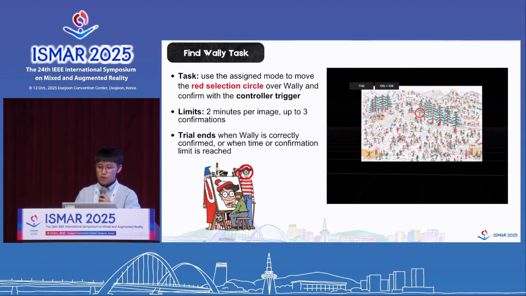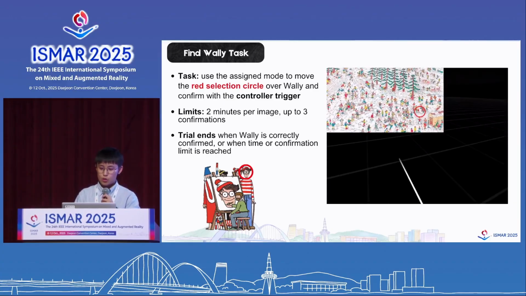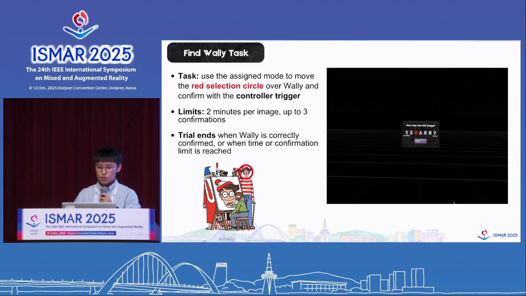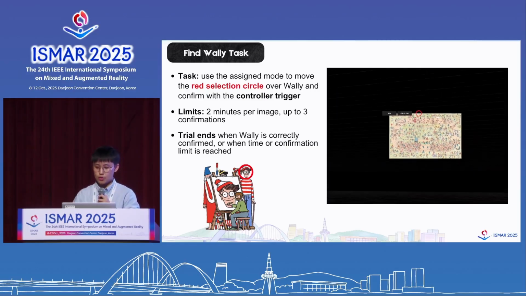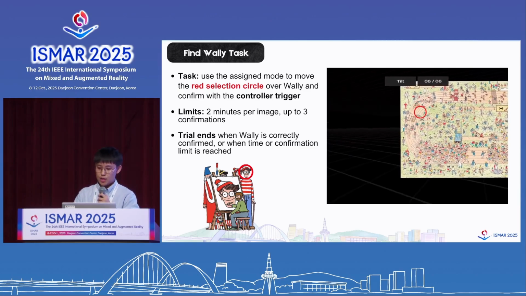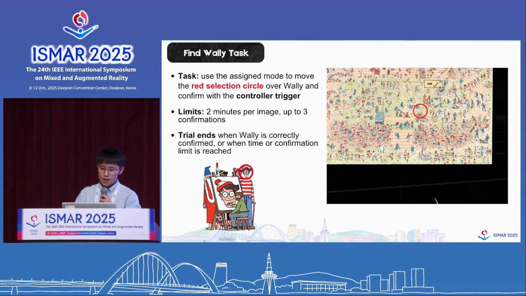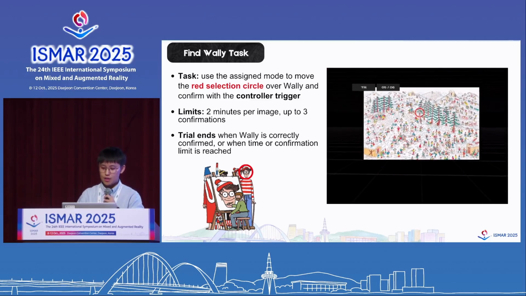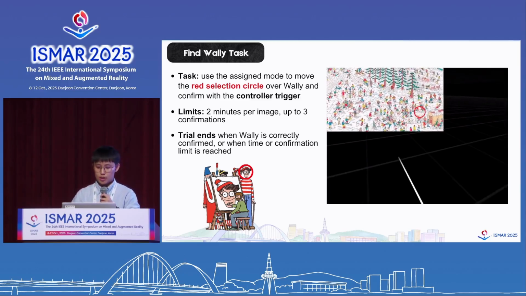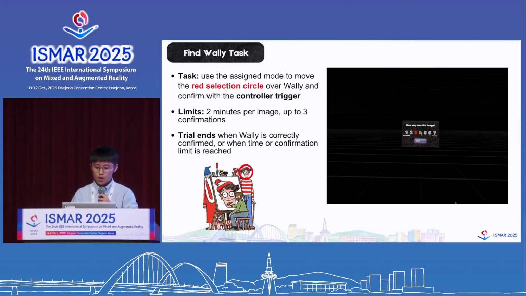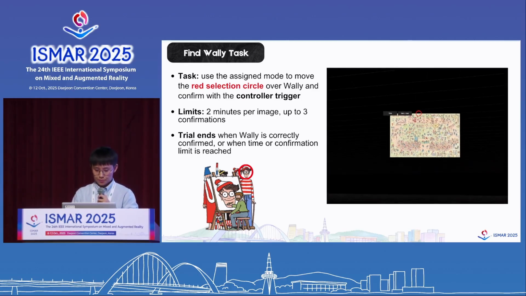In each trial, participants used an assigned interaction mode to move a red selection circle over Waldo, and they needed to use the controller trigger button to confirm their choice. For each image, we allowed 2 minutes and up to 3 guesses. The trial ended as soon as Waldo was correctly found with the trigger button, or the 2-minute time limit was reached, or the 3 guesses were used.